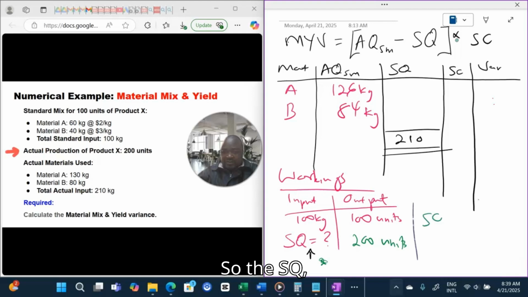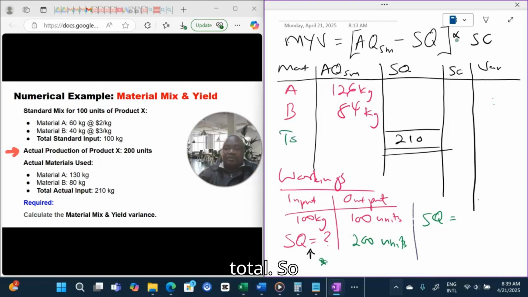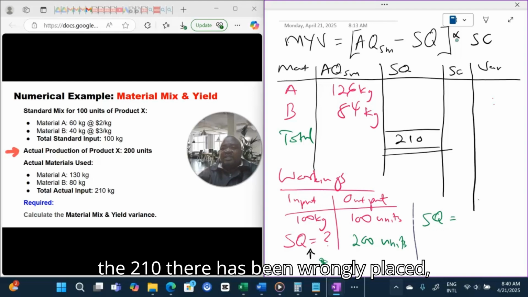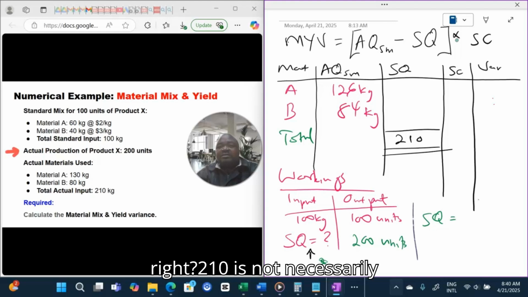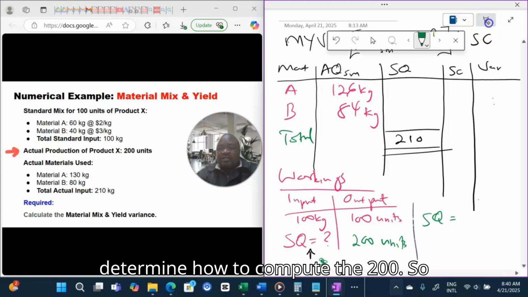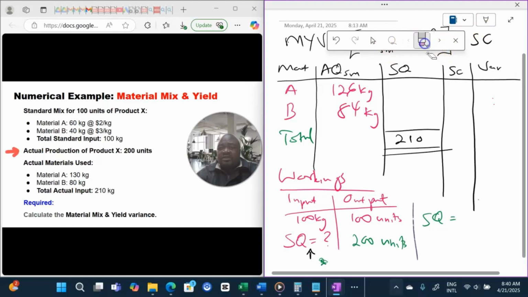The SQ, standard quantities of inputs, should be, remember, this is the total. The 210 there has been wrongly placed. 210 is not necessary there. It should be 200, but we want to determine how to compute the 200. So let me just remove that. For now, it should not be there.